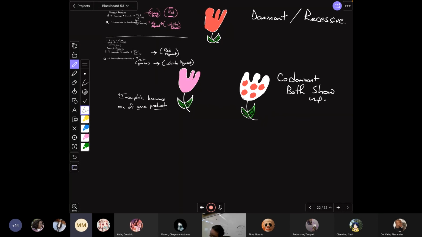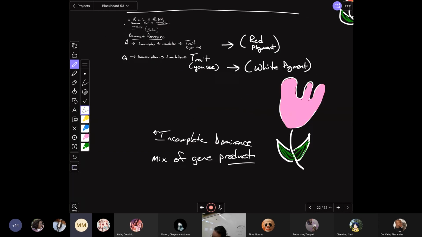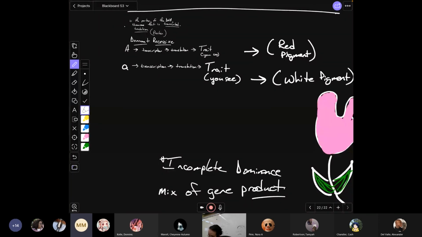By the way, when we're talking about dominant recessive, what you're going to see is this. It's either going to be big A or little a. We don't use that nomenclature for codominant. All right, we're not dominant recessive. This is non-Mendelian genetics, so we're not using big A or little a.